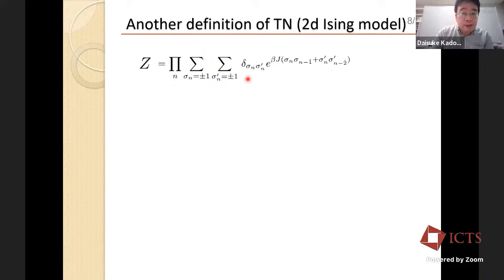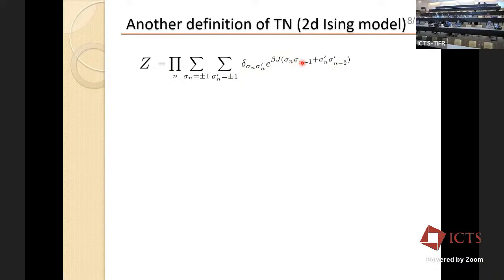Of course, by integrating out sigma n prime, the second hopping terms are recovered under this Kronecker delta. So this form gives the partition function of the two-dimensional Ising model, and this part depends on 4 spin variables: sigma n dash.